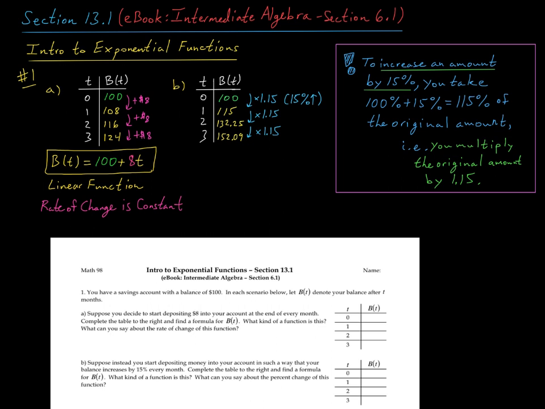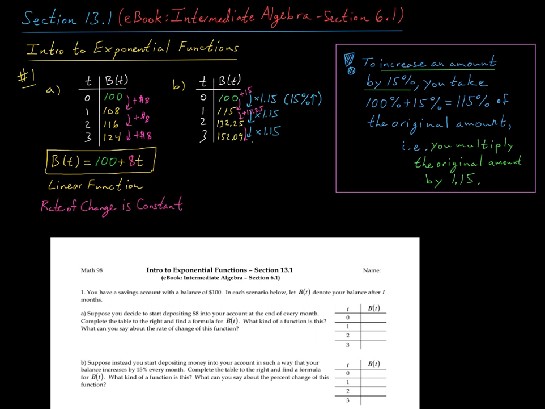Okay. The other thing to point out here is that notice the amount of money coming into the account month to month is not fixed. Okay, so like in this first month, I just deposited $15. But then in the second month, I'm adding $17.25.